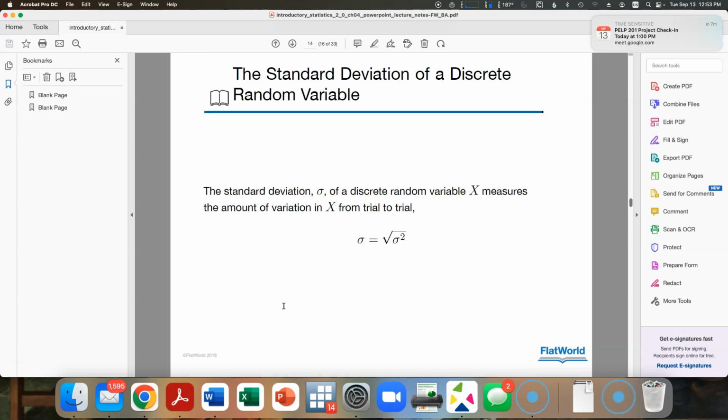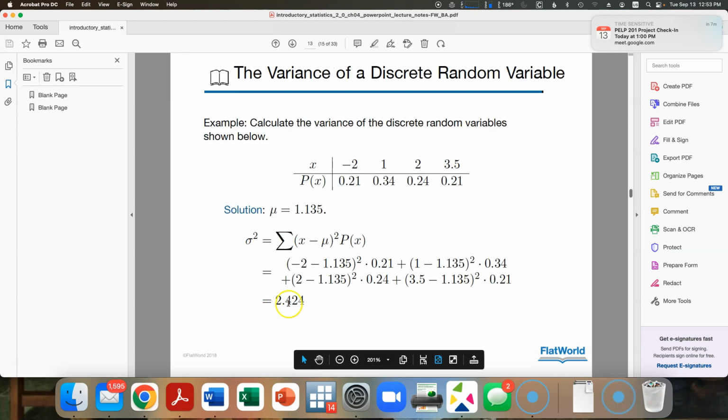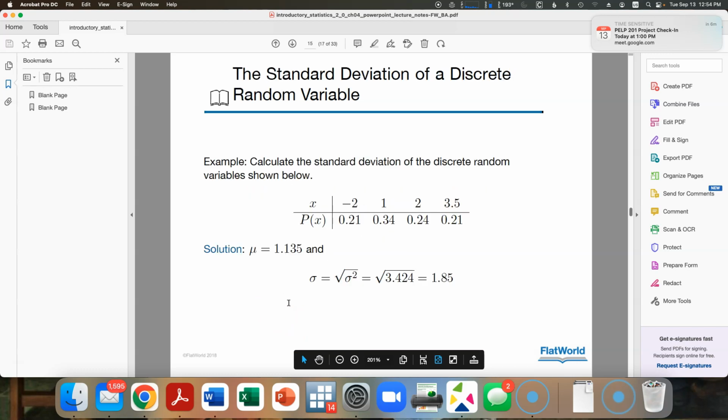So we could take that 2.424. Why are they saying, sorry, I'm thinking, calculate something here.